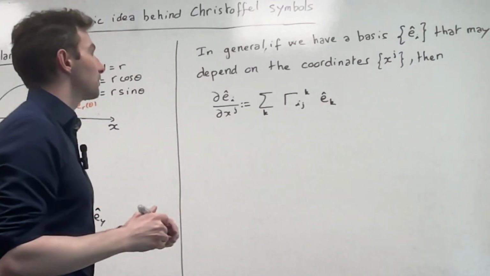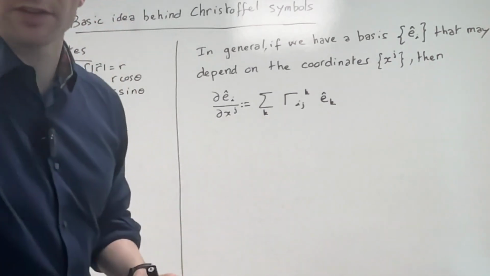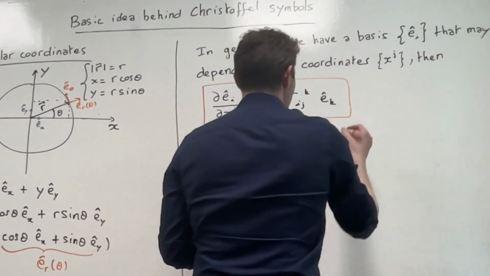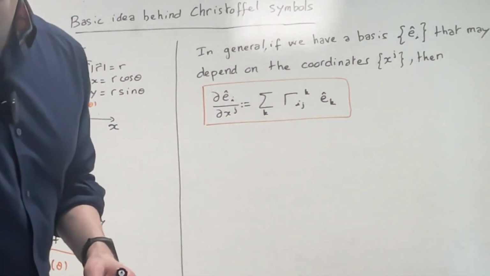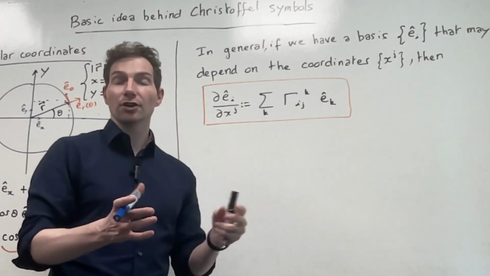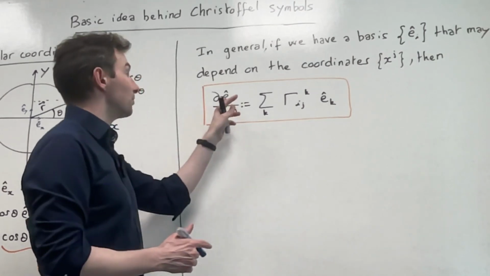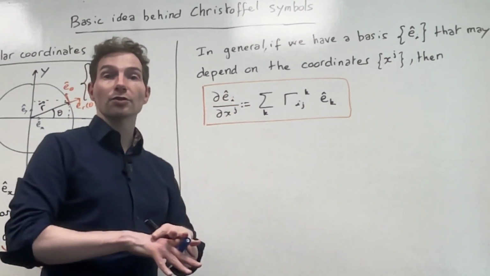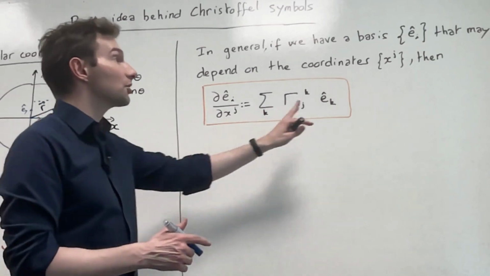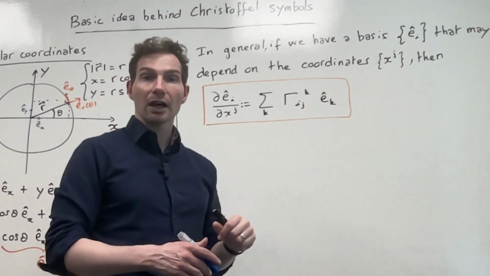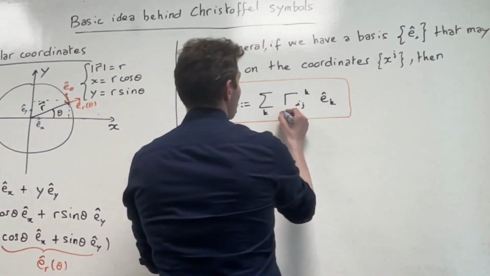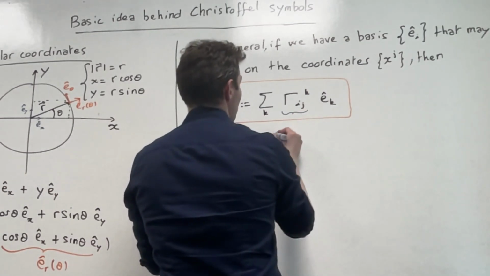Okay, so you see that basically that's a definition, and this definition is saying something super trivial, and this trivial thing is simply that derivatives are linear maps, and basically they are going to transform whatever basis vector you have into a linear combination of the basis vectors in the kind of original coordinate system. Okay, and so that's kind of the idea. And so these things here are called Christoffel symbols.